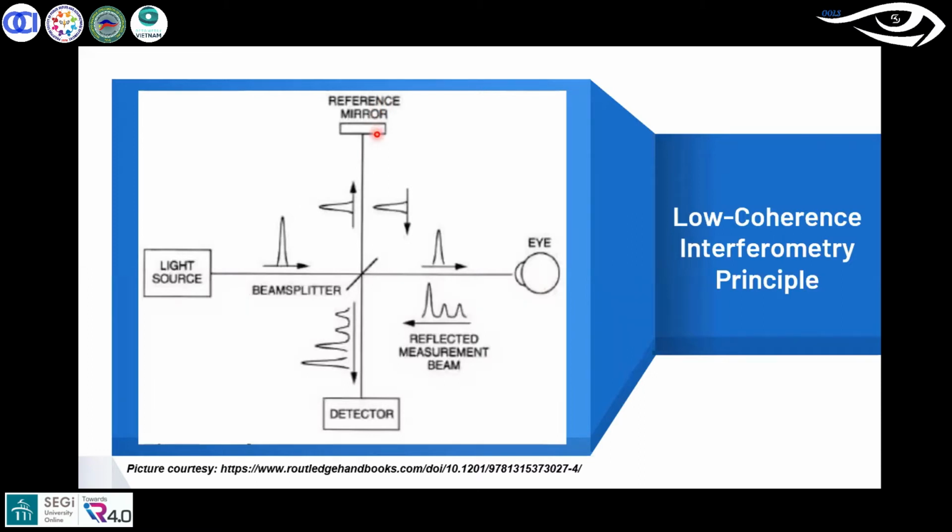We will receive waves from both sides, and OCT will compare the time delay and the intensity of the infrared light. The reflected infrared light from both sides will be combined; the measurement beam from the eye is compared against the reference mirror, and the detector will give us the final output. This is basically time domain OCT.